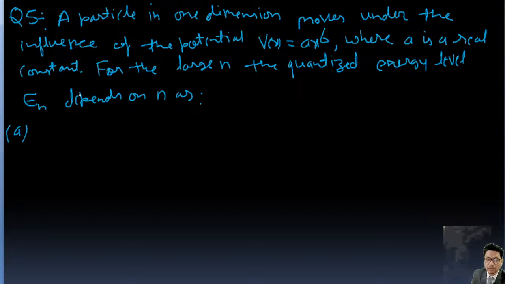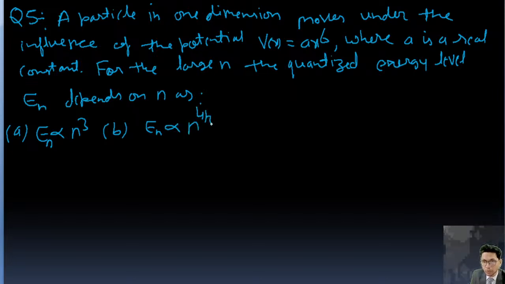The options are: option A, E proportional to n cube. Option B, E_n proportional to n to the power 4 by 3.